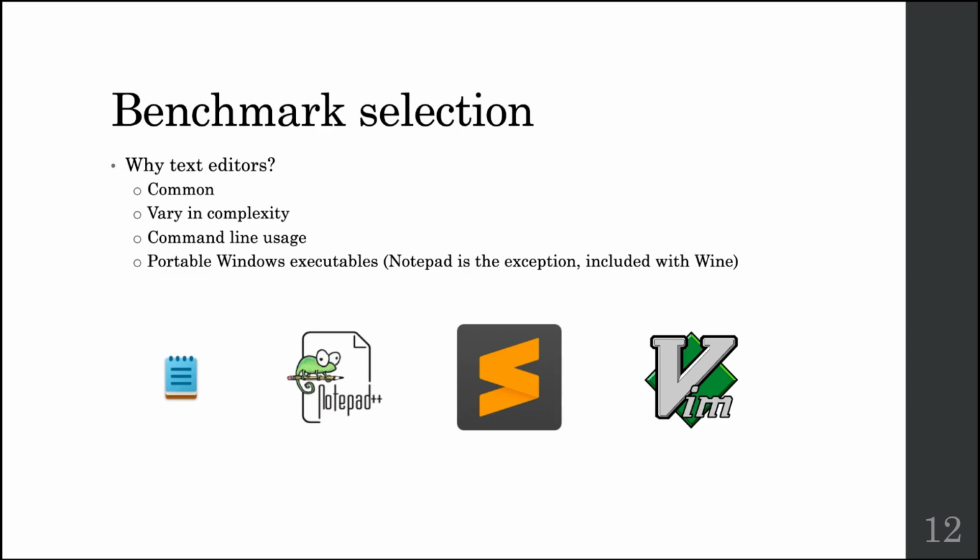The ones we chose all have a portable Windows version available, meaning they don't have to be installed anywhere and can be run from wherever as long as the dependencies are in the same folder. This made it easy to move them over and run them in the Linux virtual machine. Notepad is actually included with the Wine install, so we didn't even have to worry about that one.